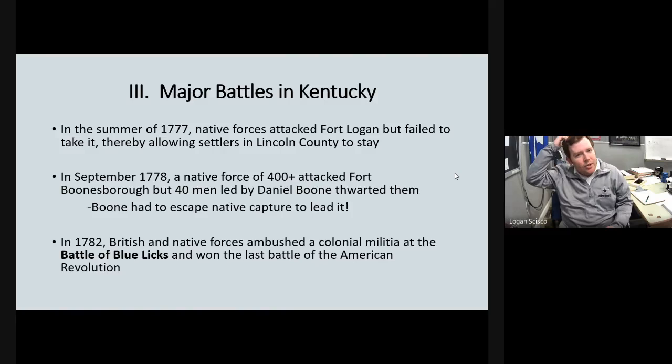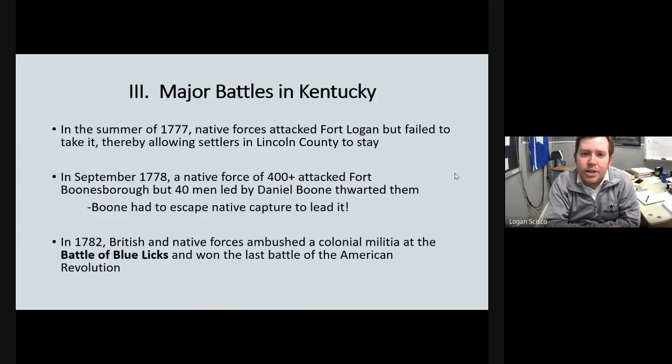In 1782, British and native forces tried to take over Bryan Station Fort near Lexington. Once again, they failed to do that, and they began to retreat. However, the military commander in Kentucky at the time, along with Daniel Boone, decided to pursue the retreating British and native forces, believing that they could crush them.